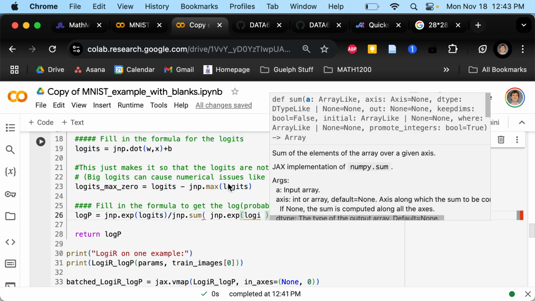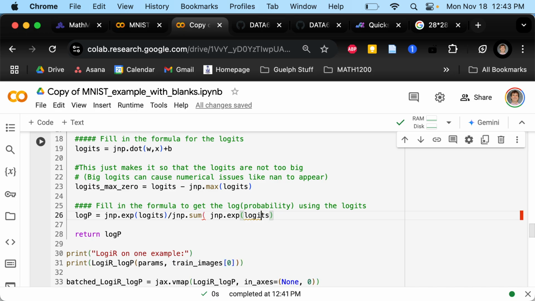So this is the softmax function, if I got the brackets right, which I did not. You have to be careful here: when you do the sum, we want to sum along the 10 dimension, not the dimension of the batch.